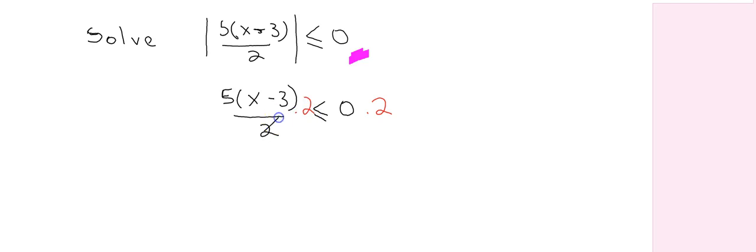So you cross these 2 out, and we're going to get 5 times x minus 3 less than or equal to 0 times 2, which is 0.